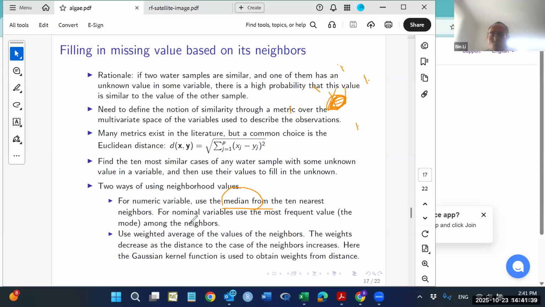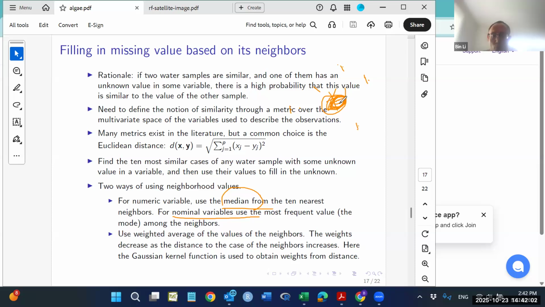That's one way. And if it's a categorical variable, let's say we don't know the season, then let's just see what is the most frequent season among these 5 neighbors. If the most frequent season among these 5 neighbors is spring, then we just impute the missing value as spring.